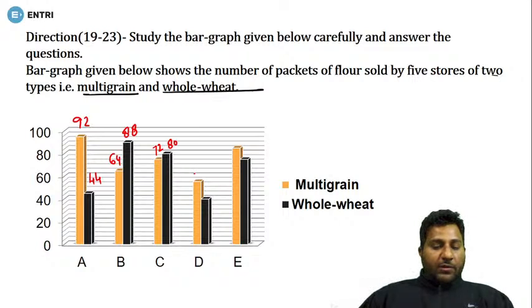Clearly 52 and 54, then 53, 54, and the next one is 40. The last one is 84, and the next one will be 72. So I have got all the data.